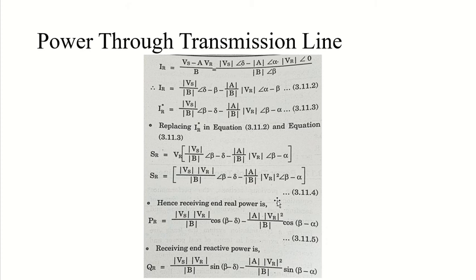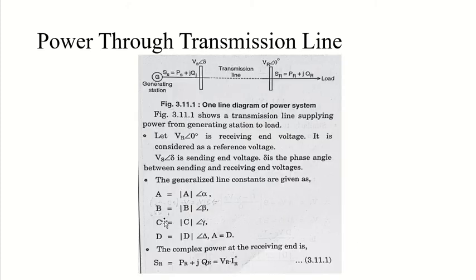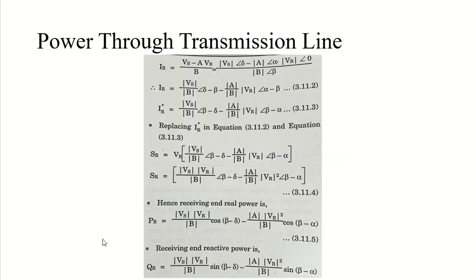You know the value of A. We have mentioned the value of all the parameters in the beginning of the theory. So A is A angle alpha, and VR is nothing but VR. There is no angle associated with it, or the angle associated with it is 0 because we are taking it as a reference vector. And in the denominator you will have B angle beta.